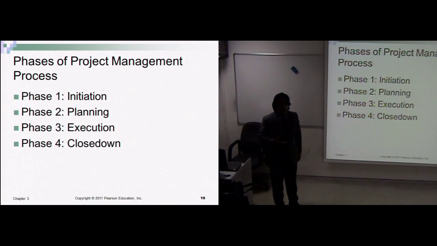Mainly, there are 4 different phases of project management: initiation, planning, execution, and then shutting down or closing down the project.